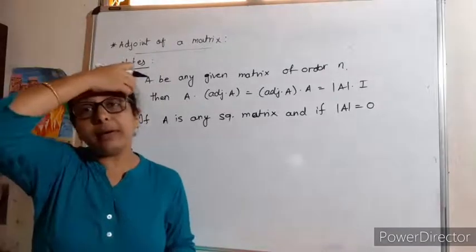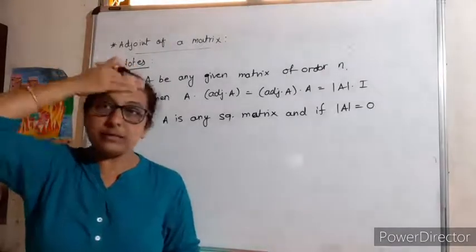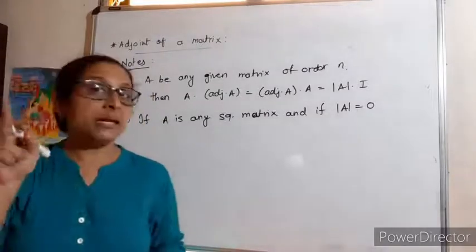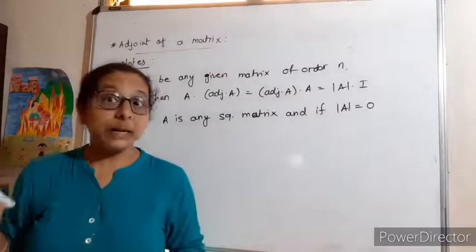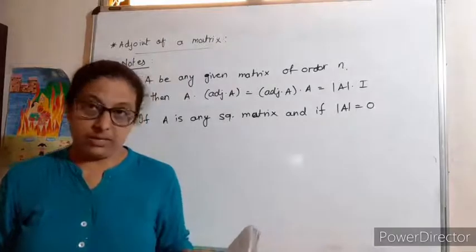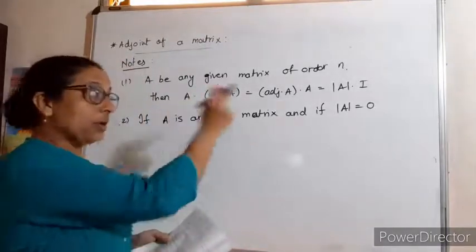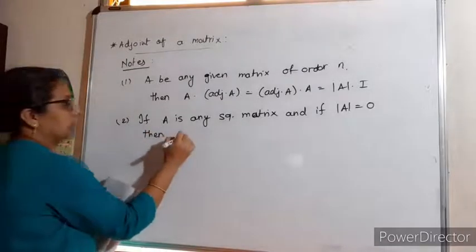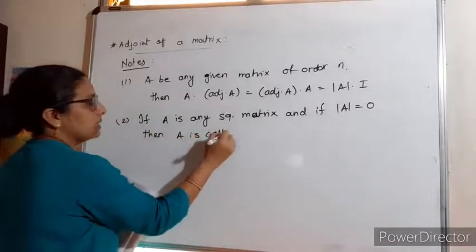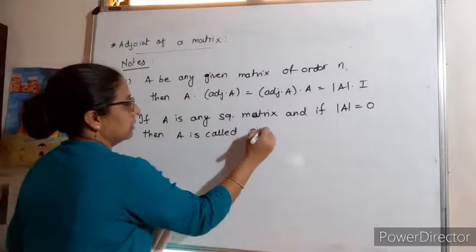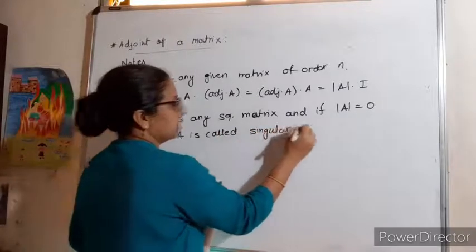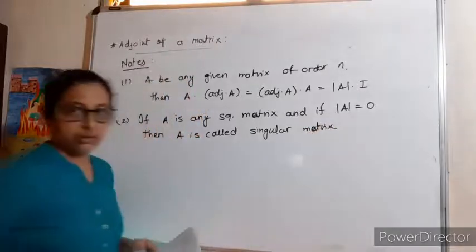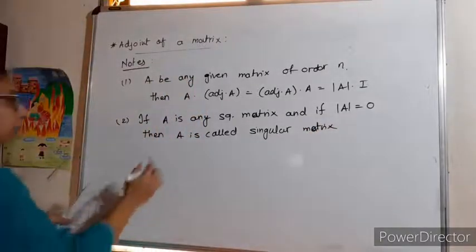I have already told you how to find the determinant of any matrix. If you write the matrix in determinant form and expand it, now you know how to expand the determinant, and if it is 0, then A is called a singular matrix.